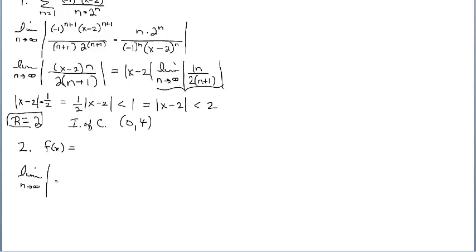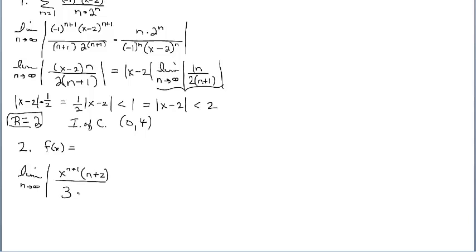Okay, noticing the structure of that nth term, I'm going to pull the x to the n up to the denominator and I'm going to put it in front. And I'm going to increase the exponent to n plus 1. So in parentheses, I'll have n plus 1, but in n plus 1, I'm going to replace n with n plus 1, so that makes that n plus 2.